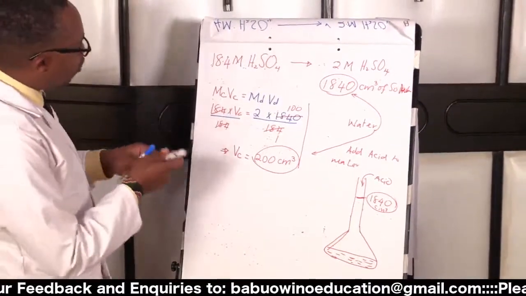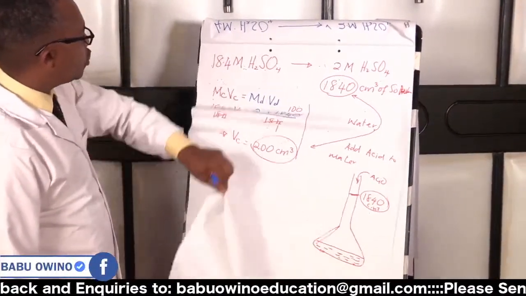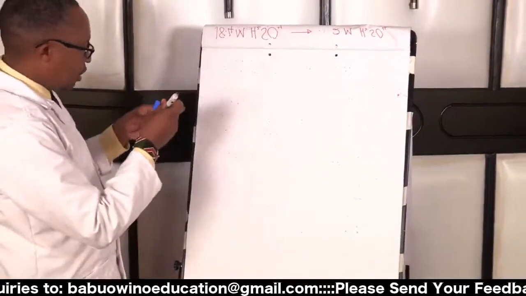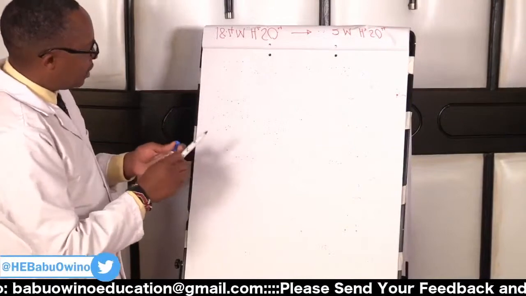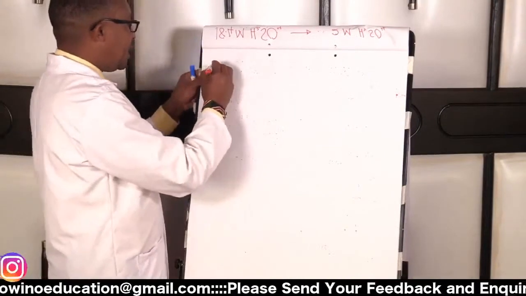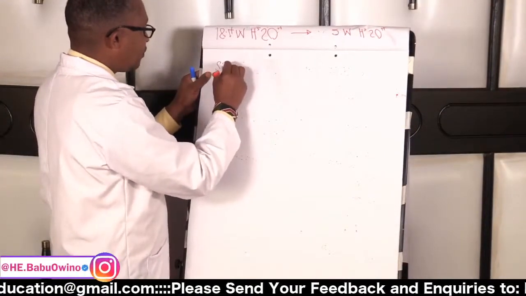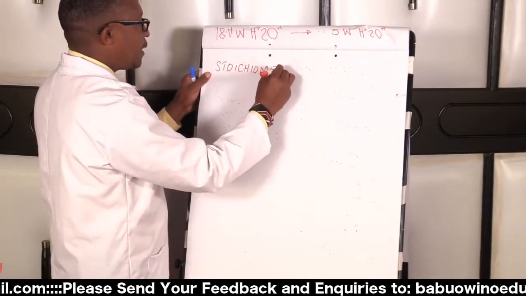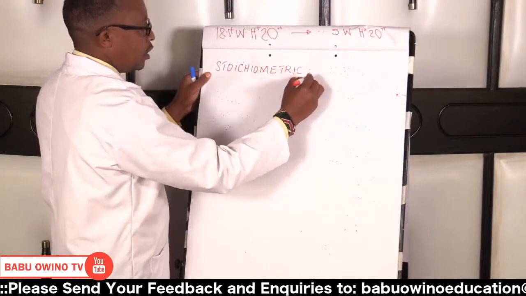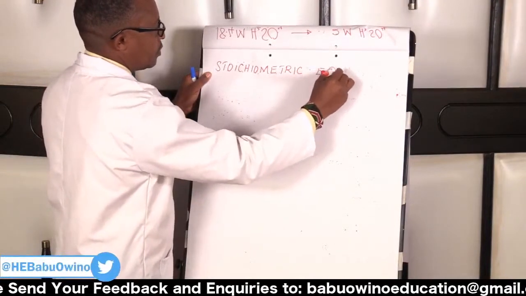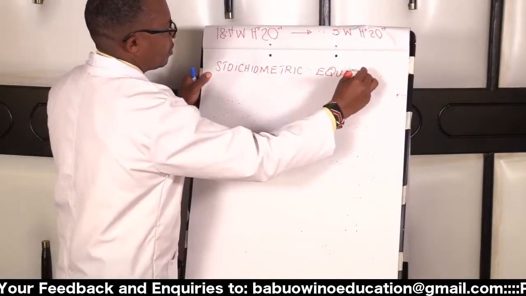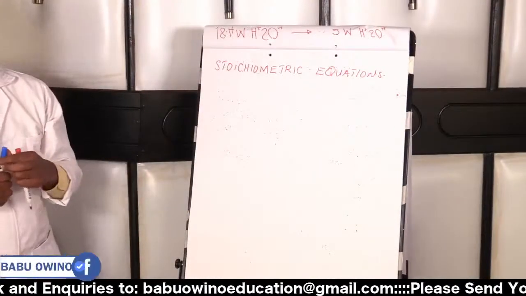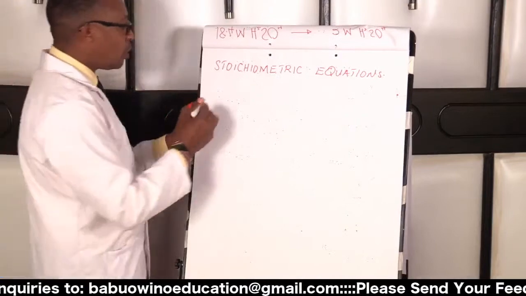Now, from there on, we can move on to what we are saying. How and where do we apply this? We apply it when dealing with stoichiometric equations. With stoichiometric equations, we are dealing with stoichiometry.